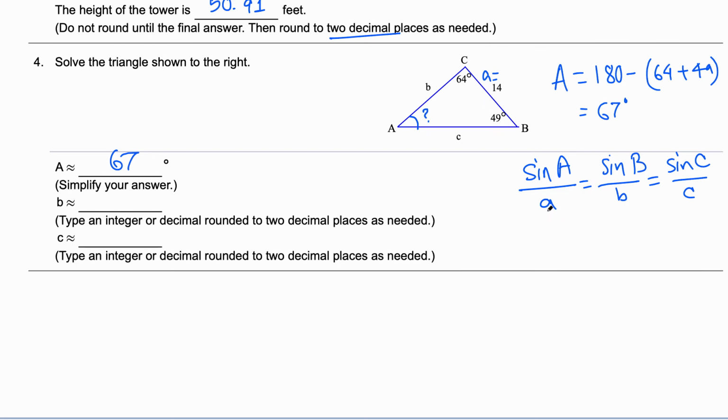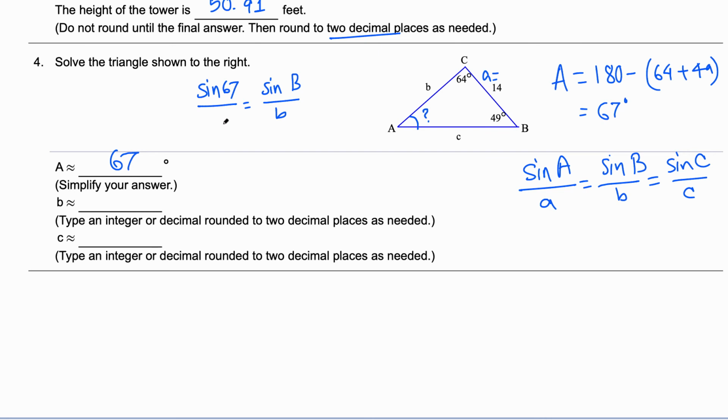I can use the first and last as well, but using second and third is not going to work because we don't know both sides B and C. Only A is known. Sine A over A equals sine B over B, and we just found A, that's 67, so this is sine 67 over A, which is 14.